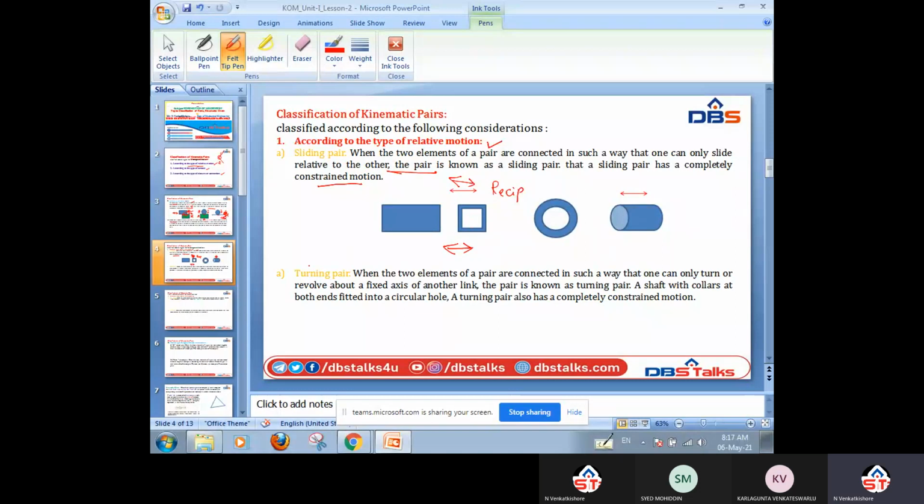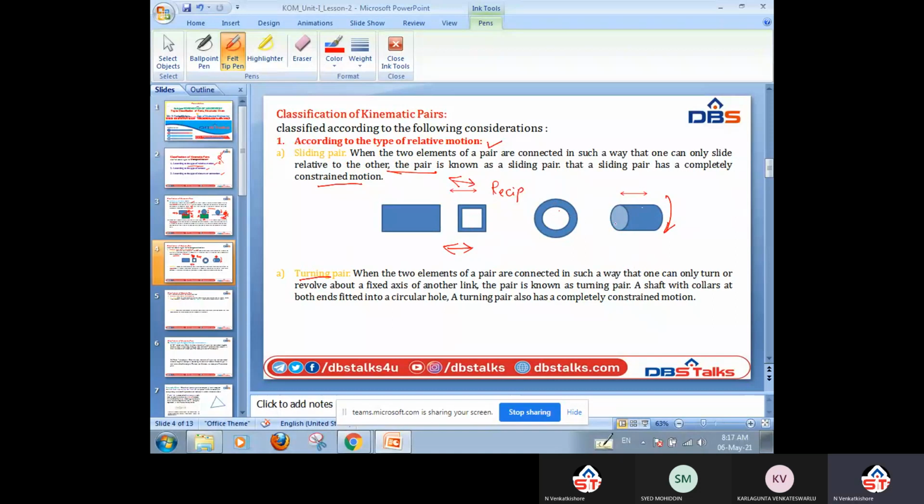Next, the turning pair. The turning pair means whenever the two elements of a pair are connected in such a way that they will form only turning. See here, it is a circular hole, and a circular shaft is to be inserted, fitted into the circular hole.